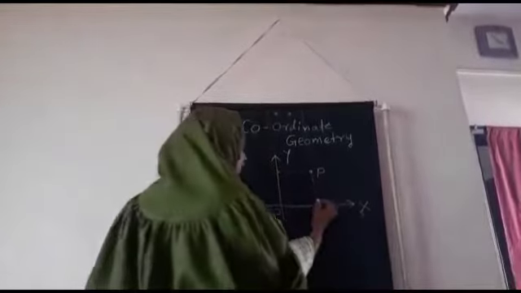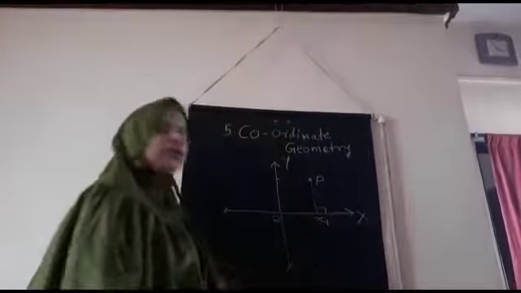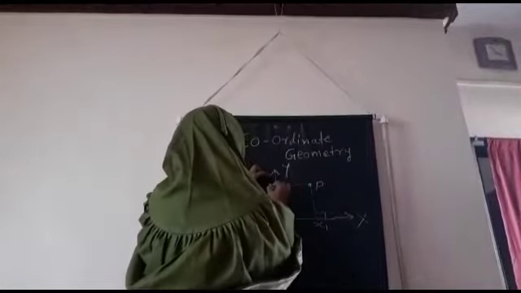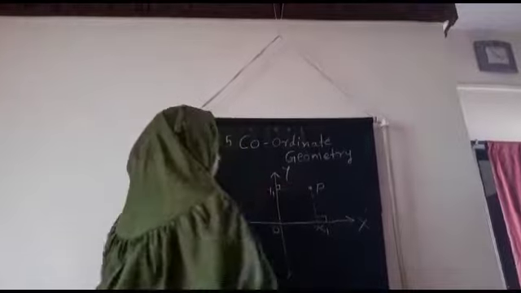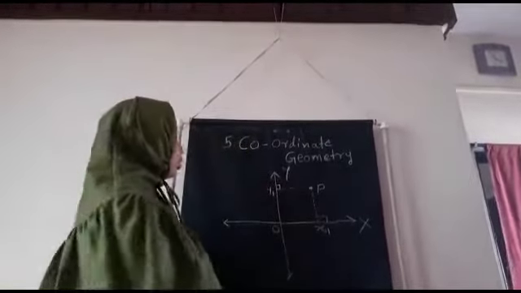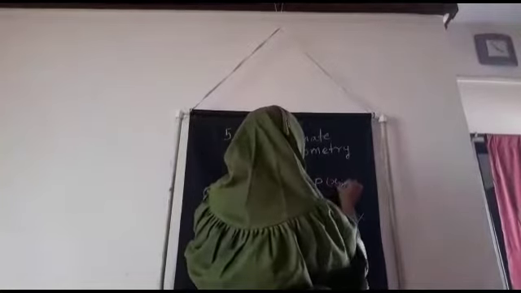The perpendicular drawn to the x-axis from point P intersects the x-axis where we get the point x1, and where the perpendicular intersects the y-axis, here we get the point y1. So the coordinate of point P is x1, y1.